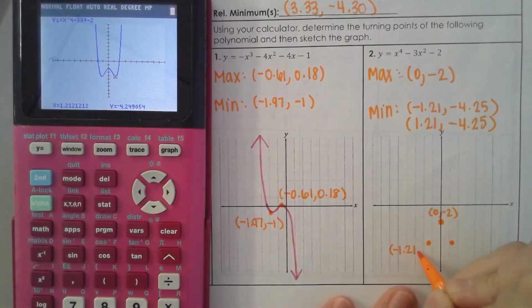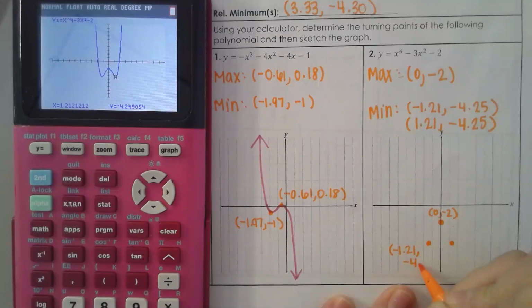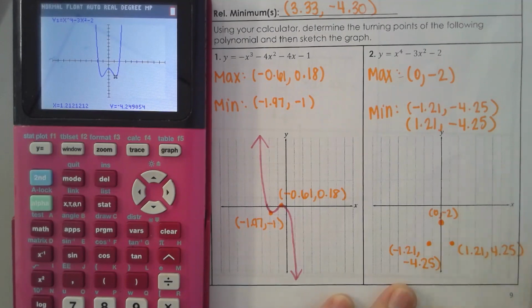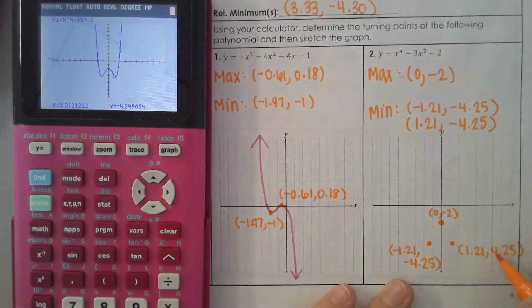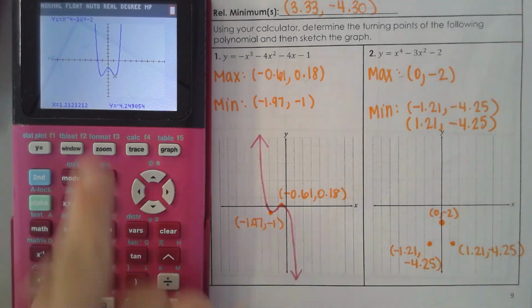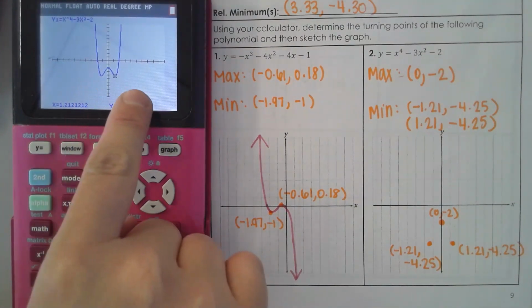Oh, and I forgot this. Are there two different minimums? There's two different valleys.